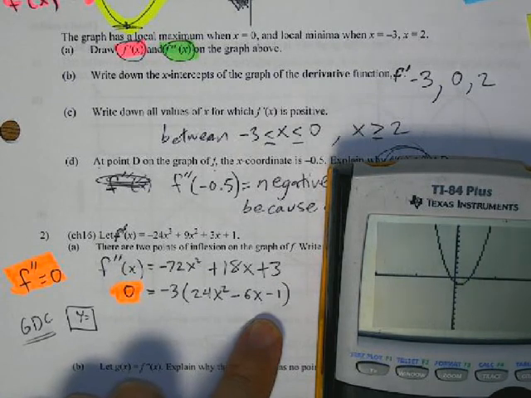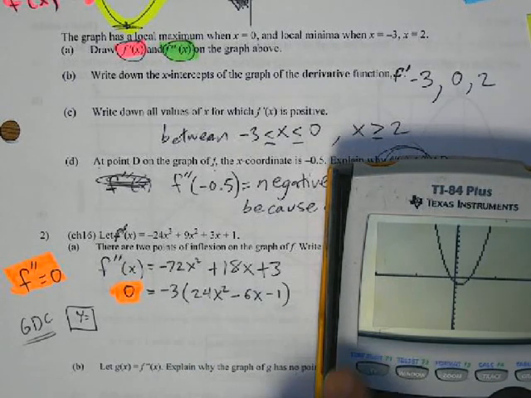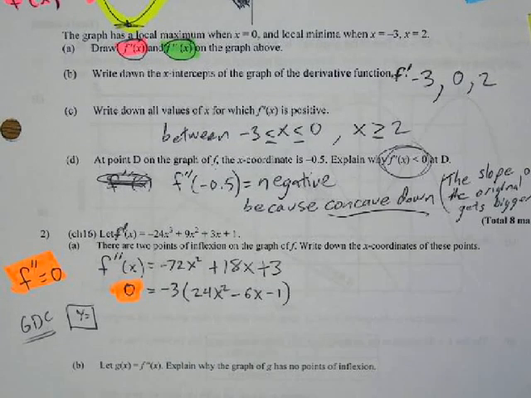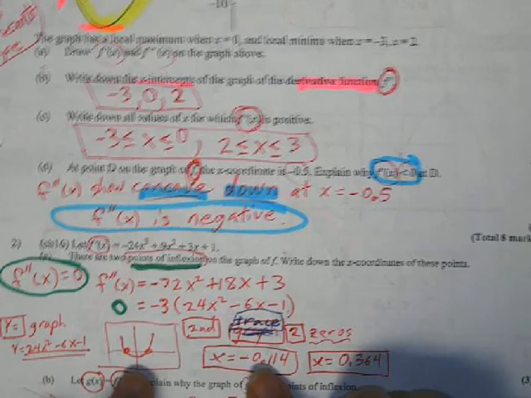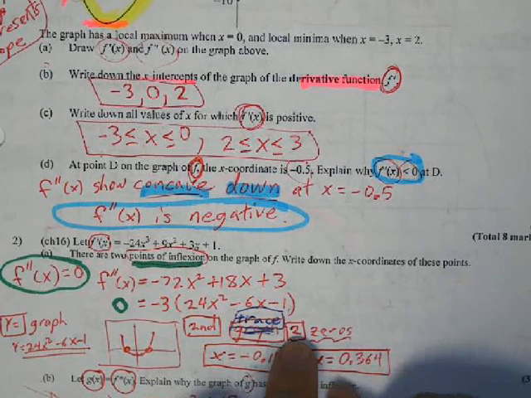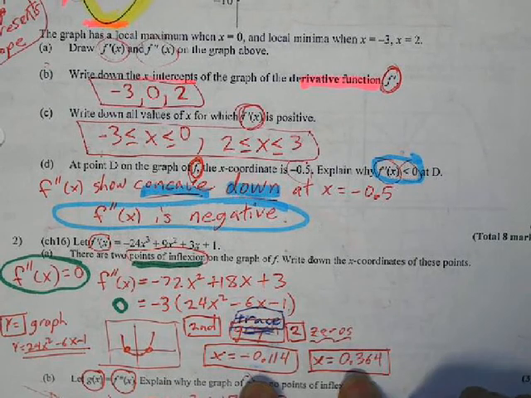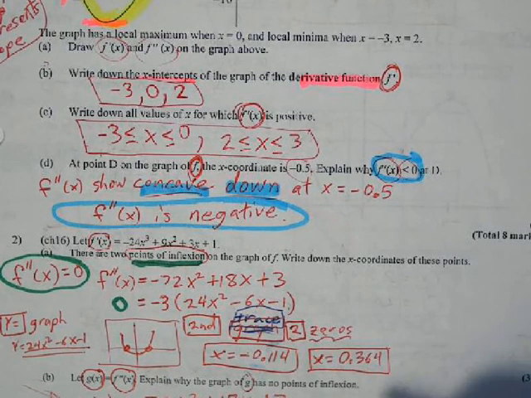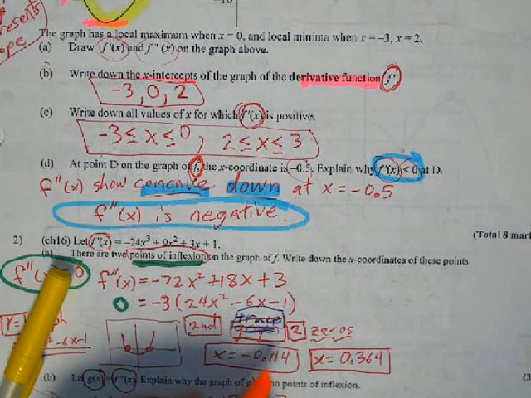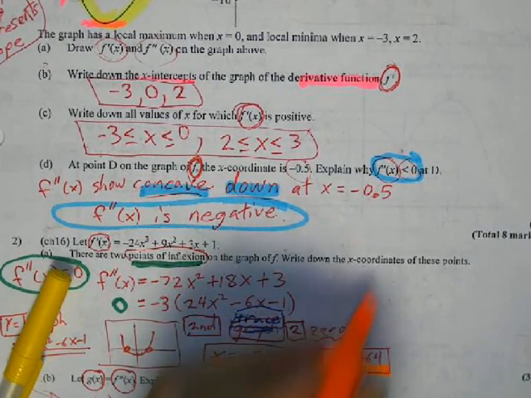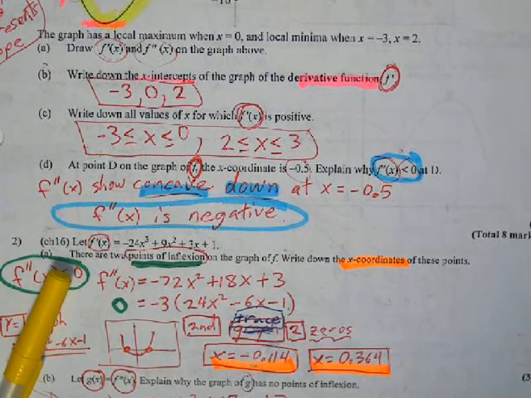Okay, so I've already done this over here. So we do left bound, right bound, second trace to find our zeros, and we find our two zeros. So these are the x-coordinates. This value here and this value are the x-coordinates of those points.